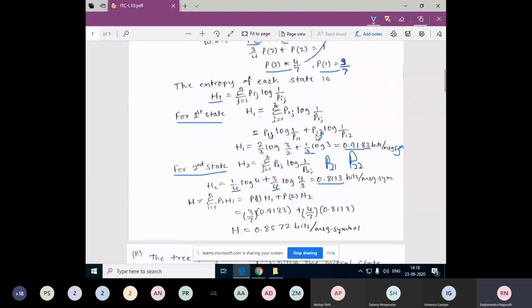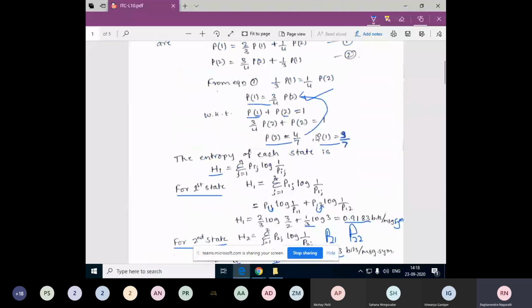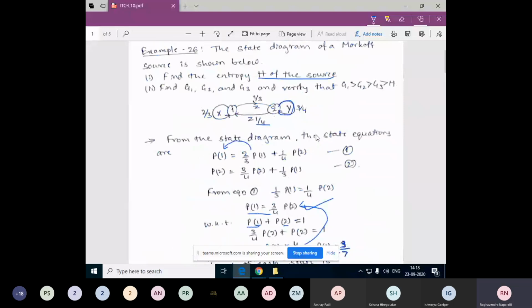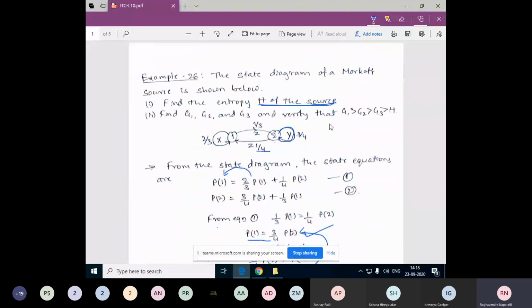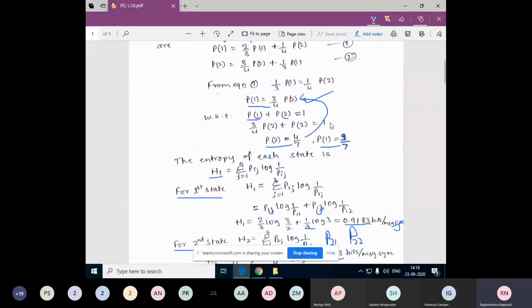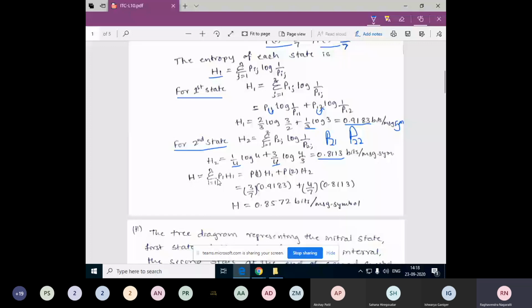Okay. So now calculating the entropy of the entire Markov source. The equation, we already know, is the weighted average of the entropy of each state. So summation I equal to 1 to n, Pi into Hi. It is equal to P1 into H1 plus P2 into H2.